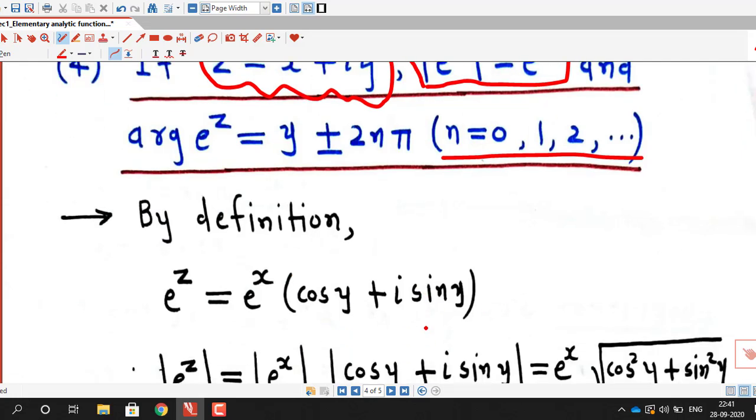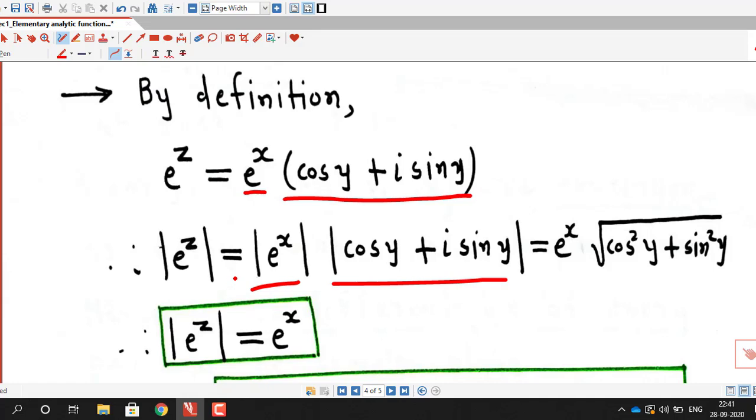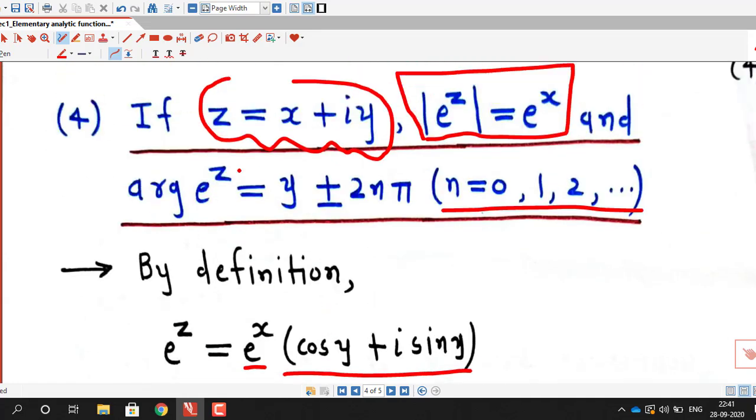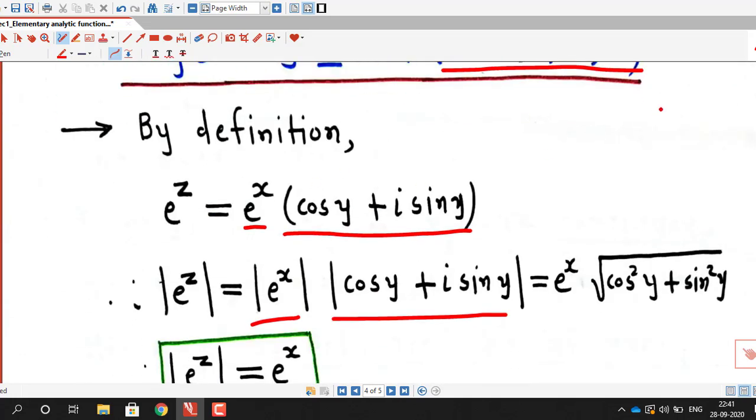So if I take absolute value of e raised to z, then it is equal to absolute value of e raised to x into absolute value of cos y plus i sin y. Now if z is x plus iy, x is a real number, y is also a real number, and we know that e raised to x is always positive for any x in the set of real numbers.